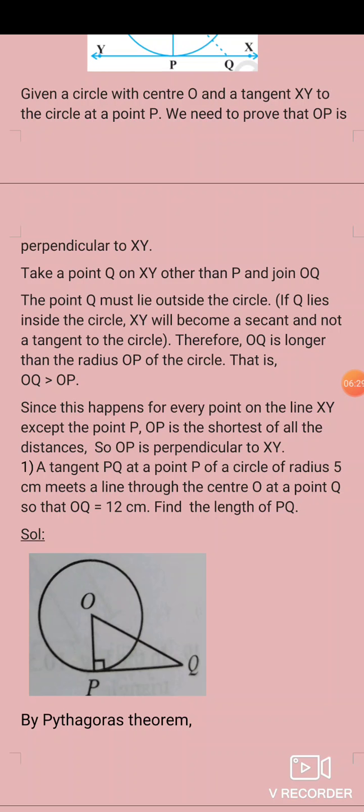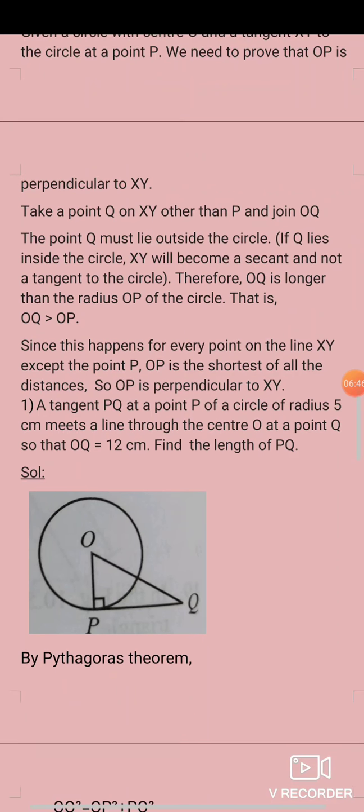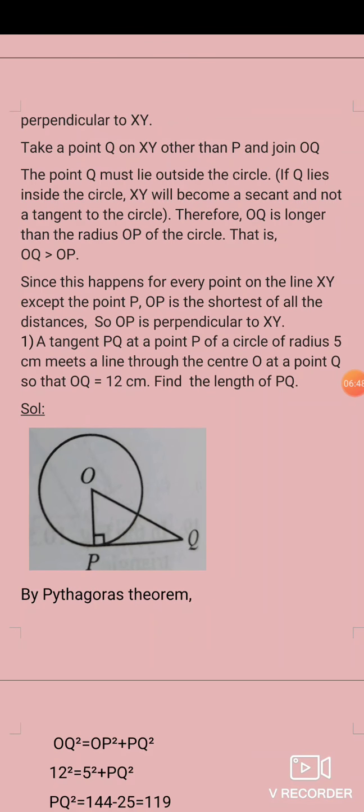Listen, if it is a right angle triangle, we can apply the Pythagoras property. So in this case, OP is perpendicular to PQ. That is our theorem. So angle P is equal to 90 degrees. Now in triangle OPQ, OQ square is equal to OP square plus PQ square.